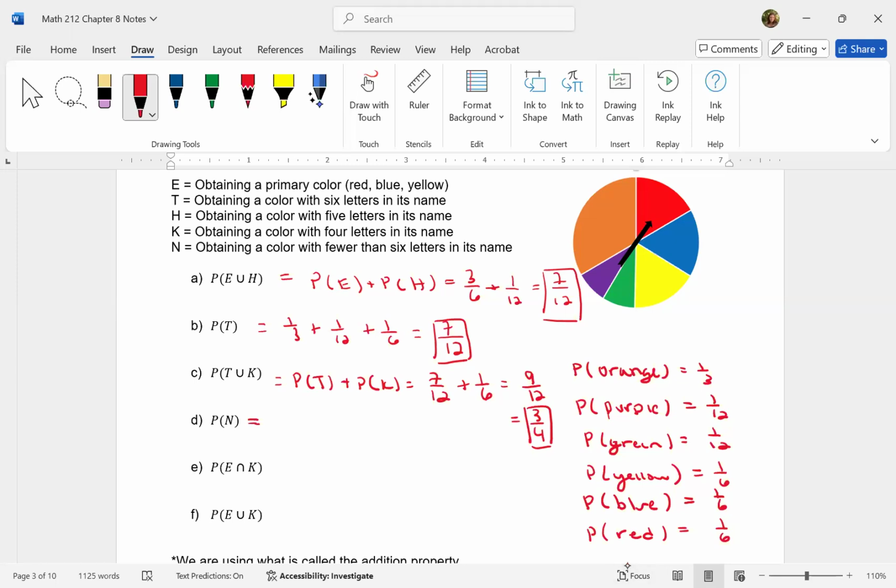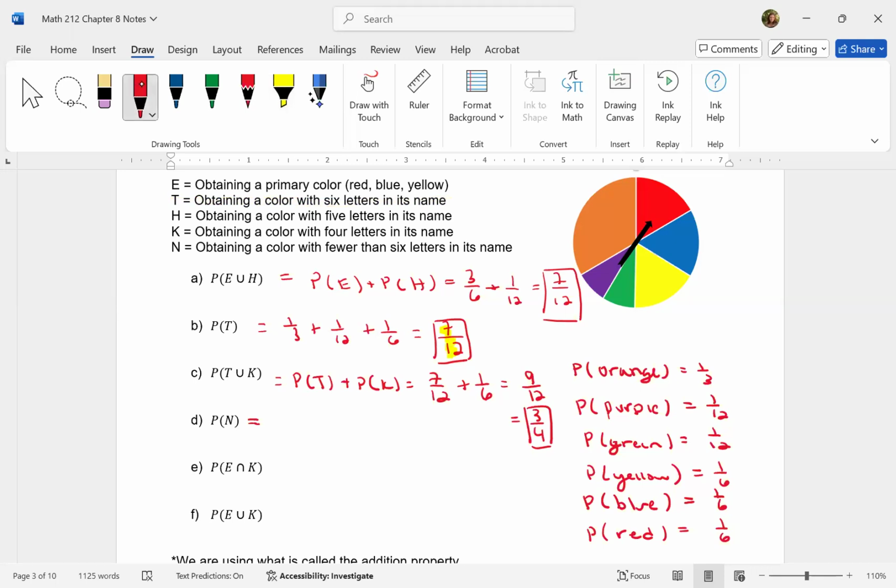If we're saying fewer than 6 letters, that's everything else, because there's nothing bigger than 6 letters listed here. So I looked at the probability of T, those are 6 letters, 7/12, and then what's left over is 5 out of 12. But I'm going to show you how to do that without using that approach. That approach, by the way, we're going to talk about in a little while.